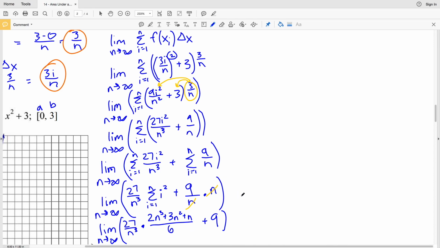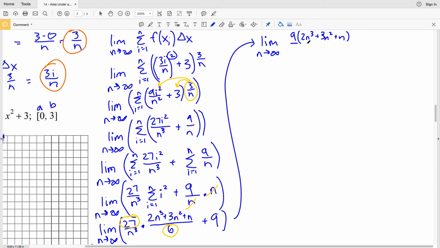Now I'm going to simplify. So the limit as n approaches infinity of, so 27 and 6 are both divisible by 3. So when I multiply out my numerator and I multiply out my denominator, I'll be able to simplify those by dividing each by 3. So now I'm going to have 9 times 2n cubed plus 3n squared plus n, and that's going to be all over n cubed times 6 divided by 3 was 2.